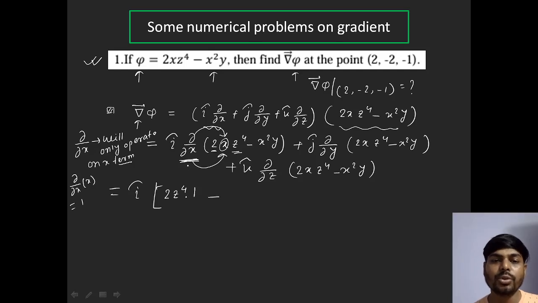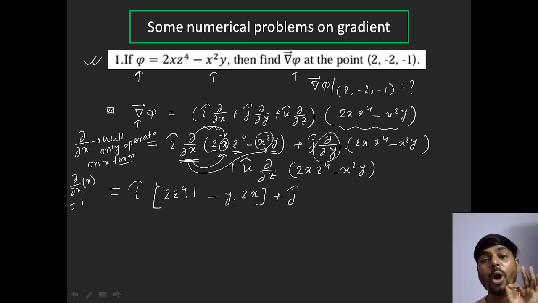Minus, so in the next term del x will operate on the x square, y remains as it is. So first write the y, and del x of x square is 2x. Okay, now j cap del y. So del y will only operate on the y term. So in the first term, if there is no y term, then this del y makes this one 0.